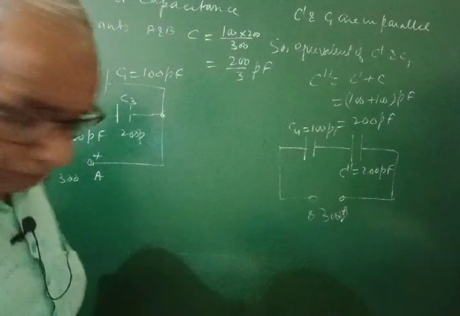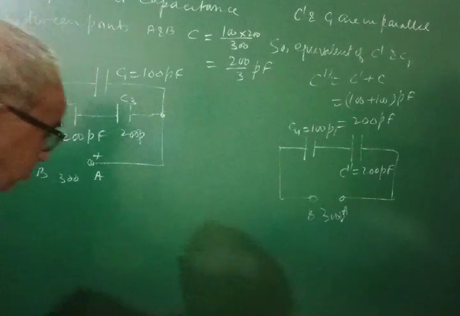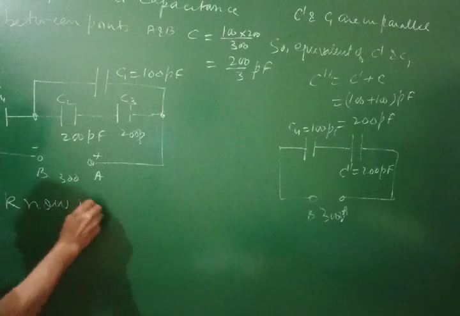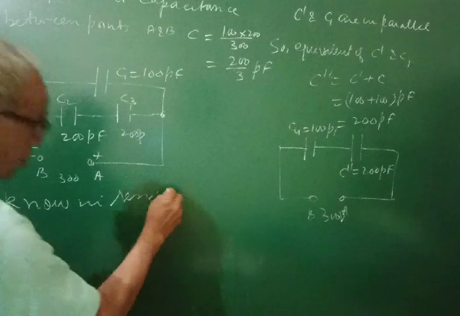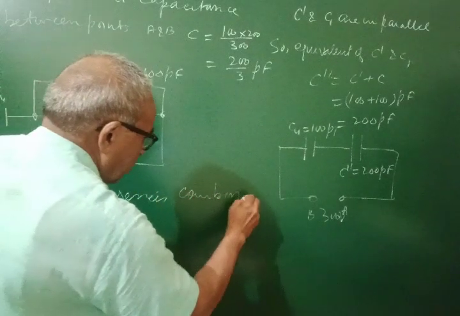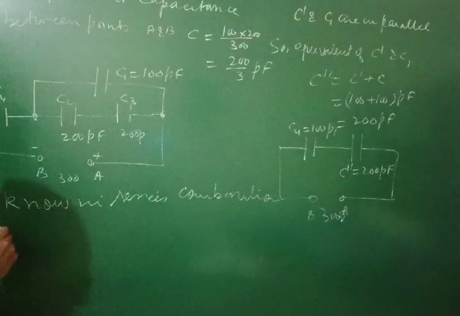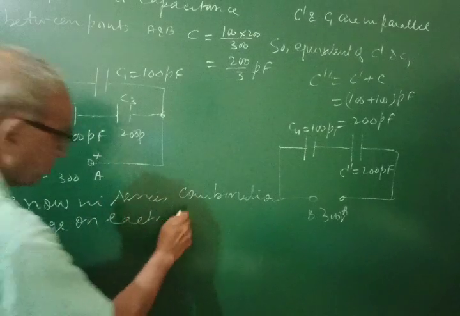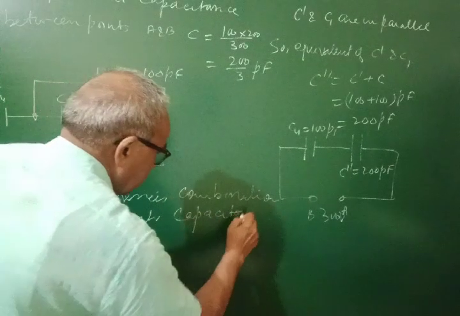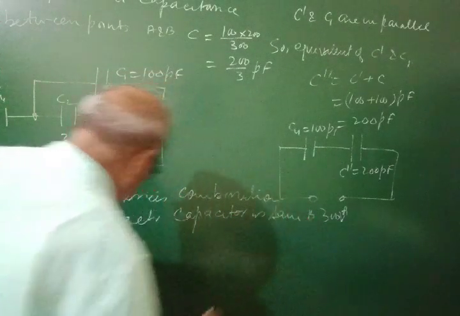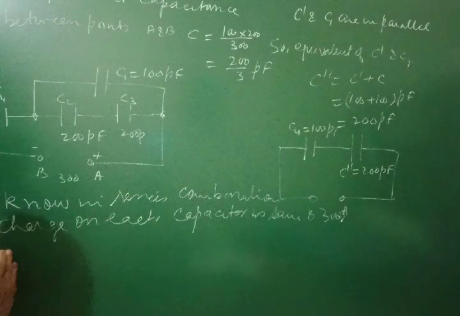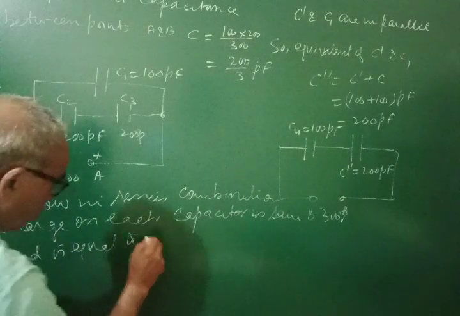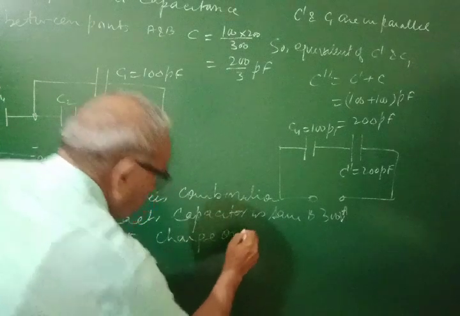We know in series combination, charge on each capacitor is the same, and is equal to the charge on the equivalent.